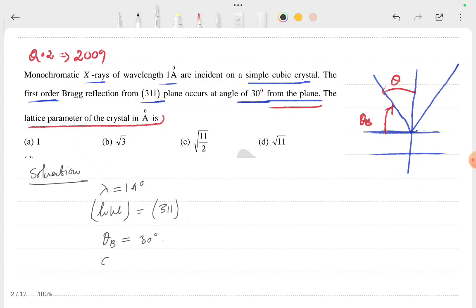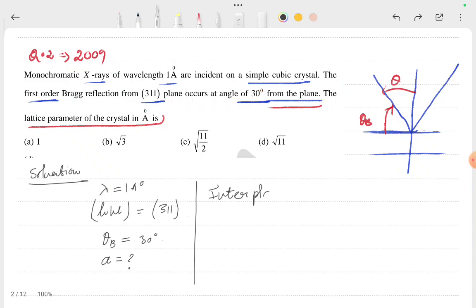We are calculating the lattice parameter a. First of all, we calculate the interplanar spacing. We already know the expression of interplanar spacing for a cubic lattice.